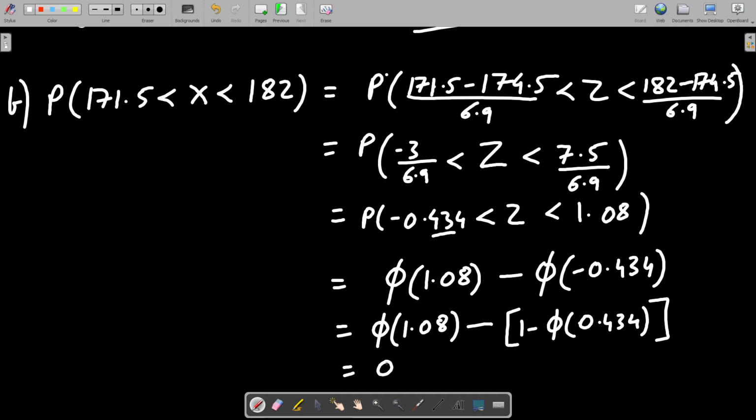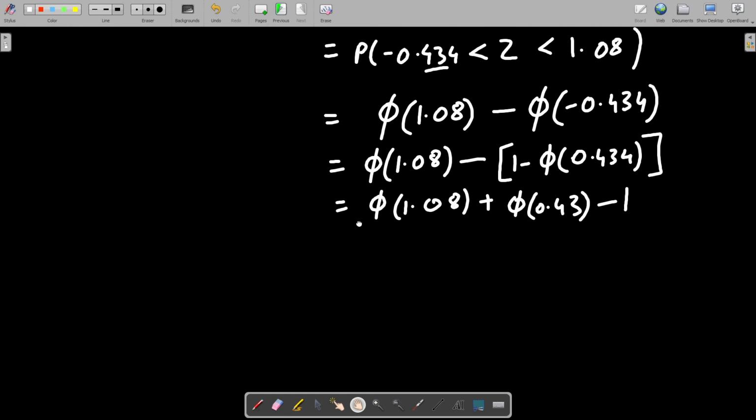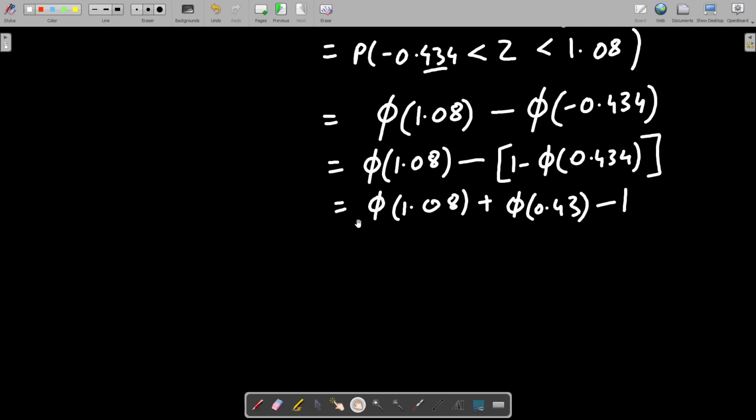In other words, we will do phi of 1.08 plus phi of 0.43, only 43 is enough, minus 1. Okay, finish writing. I'll go to the table.